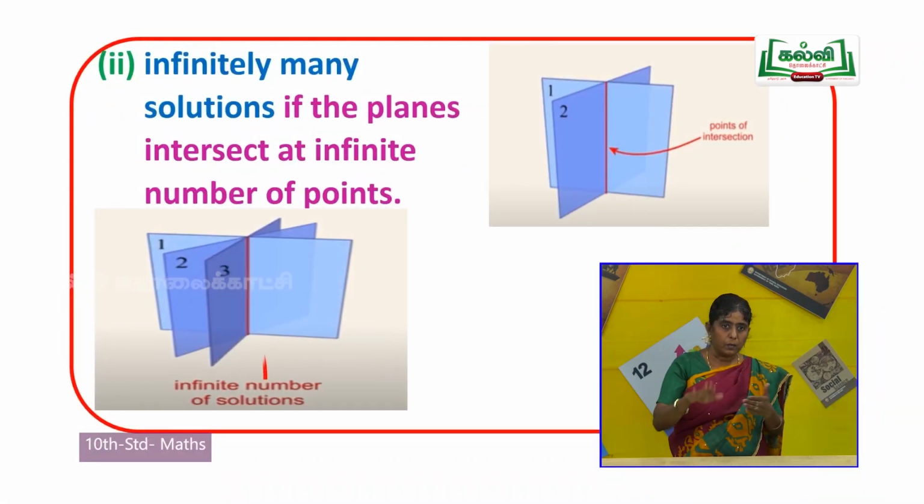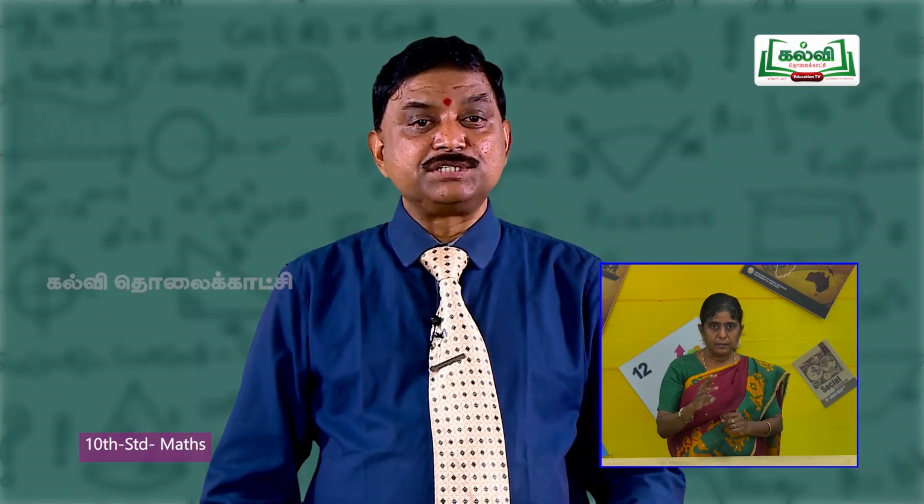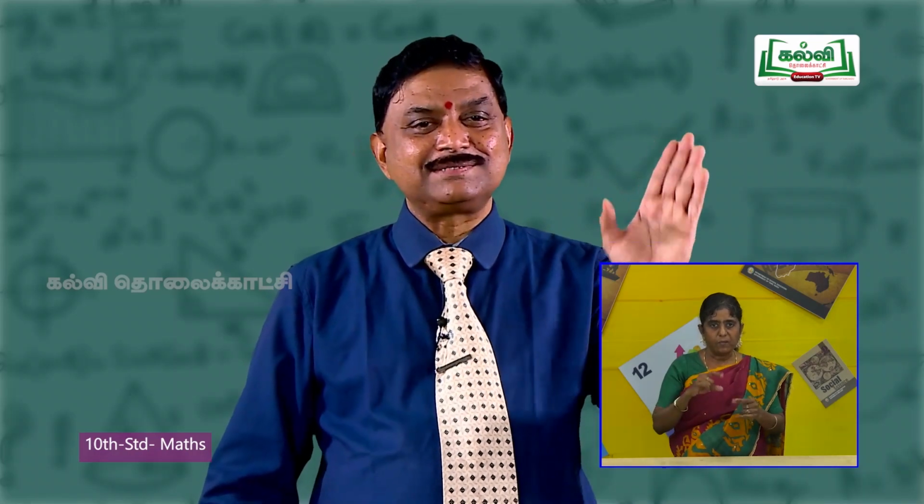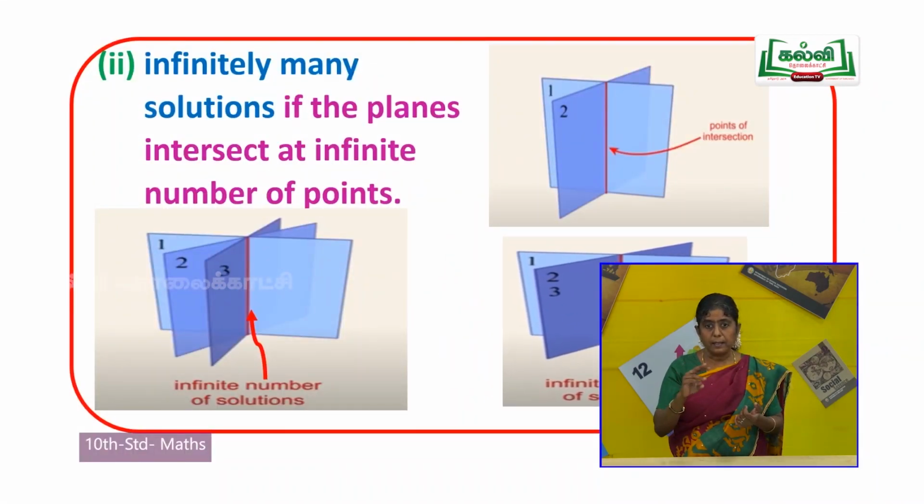If the third plane also intersects, see the diagram, planes 1, 2 and 3 intersect at an infinite number of points. So this system of linear equations should have infinitely many solutions. And look at the third diagram also.